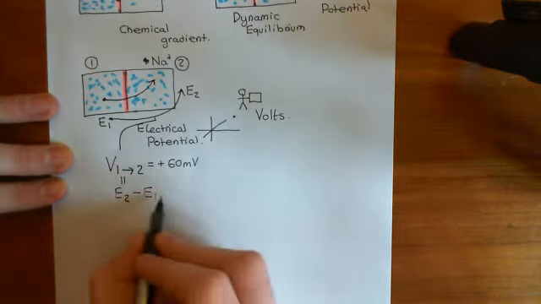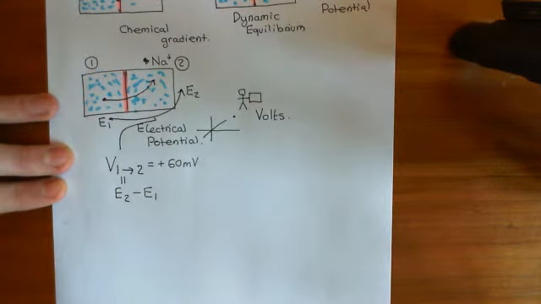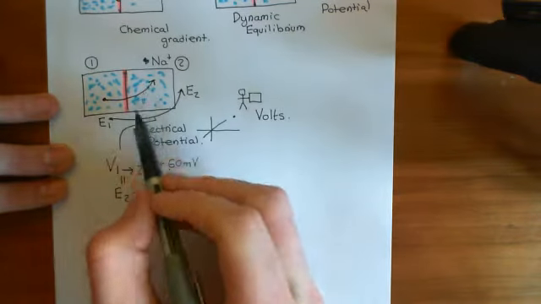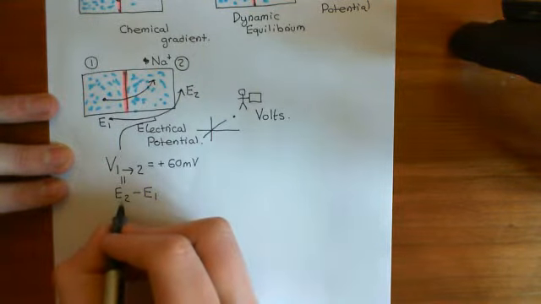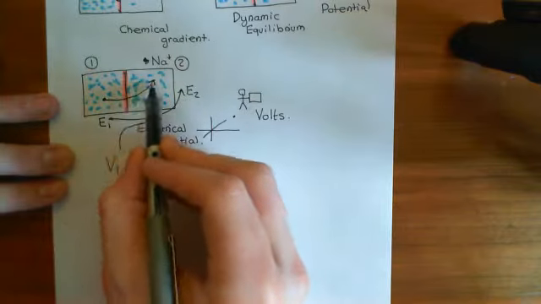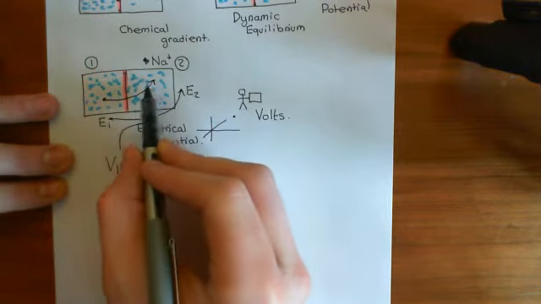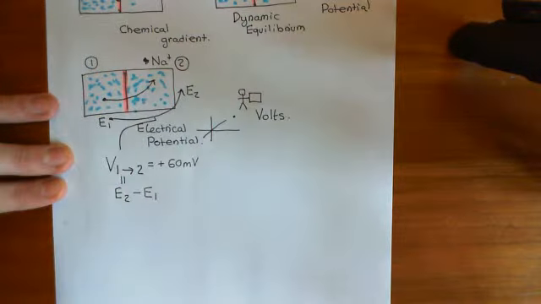So this is what is meant by the electrical potential difference from compartment 1 to compartment 2. It tells you how much the electrical potential changes when you move from compartment 1 to compartment 2.